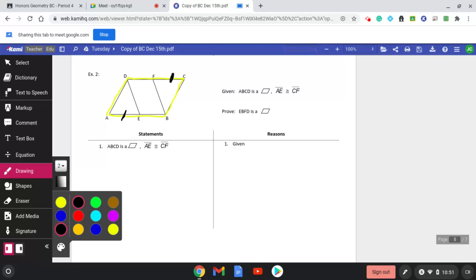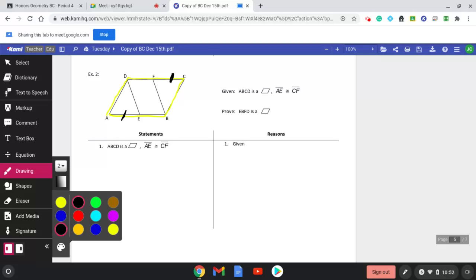All right, so take a look at it before I call on somebody here. Can you get a pair of sides congruent or parallel in EBFD? Take a look. Because if you're going to make it into a parallelogram, that's where you want to start. Can I get any sides congruent or parallel?